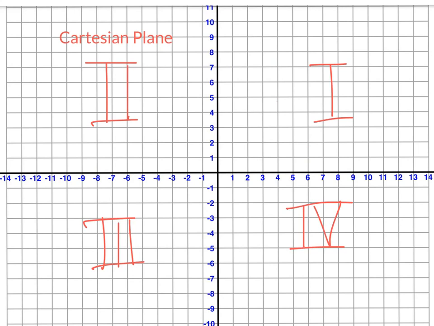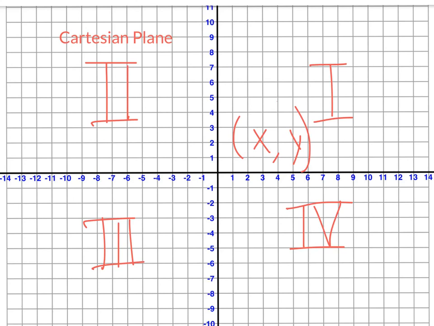When we're navigating around the Cartesian plane, we do this in straight line movements only. And the way that we know where we are at a current time is we use coordinates. The coordinates are the values in an ordered pair. Now an ordered pair looks like this. We have our x value first, and then we have our y value.